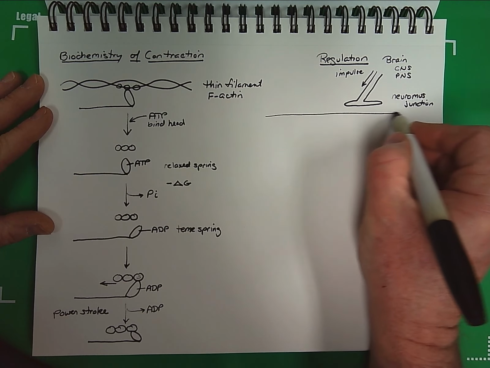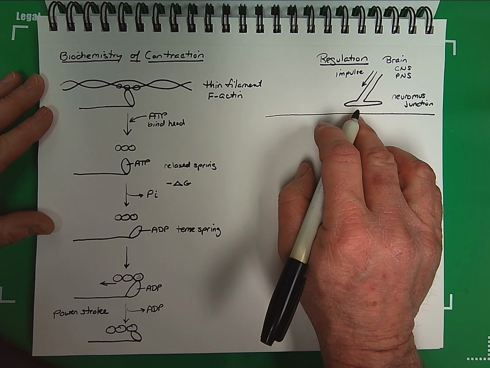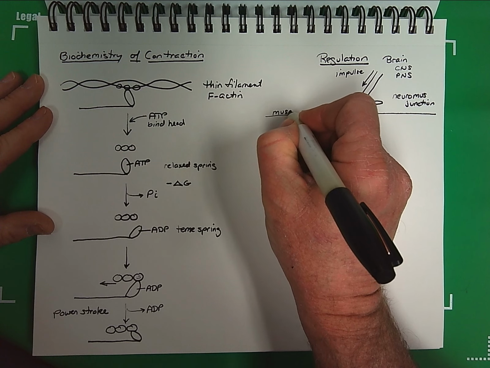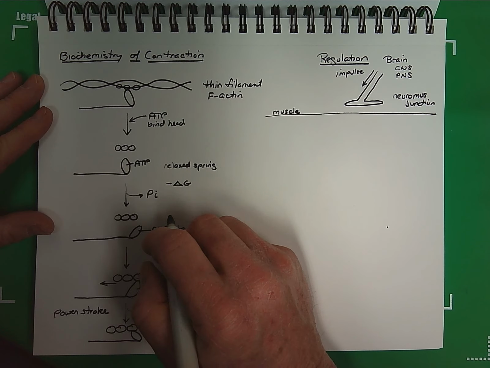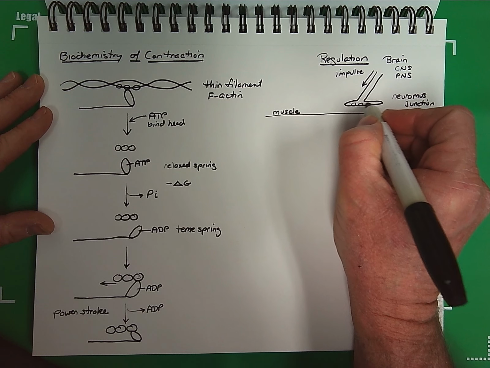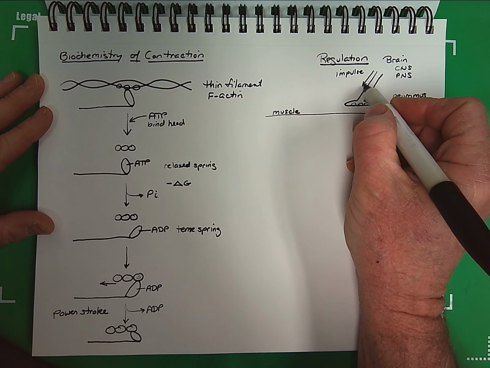This synapse now interacts with the muscle cell. It interacts in a way that acetylcholine is released from the nerve terminus due to this impulse.